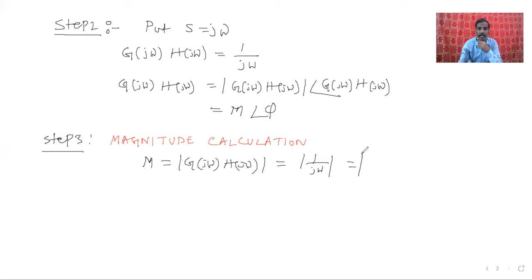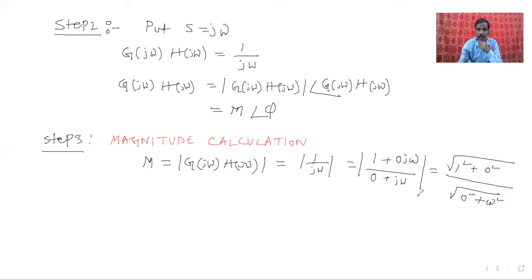This is equivalent to the square root of a squared plus b squared, that means 0 squared plus omega squared, over it. This is equivalent to 1 by omega. This is the magnitude of the open loop transfer function.